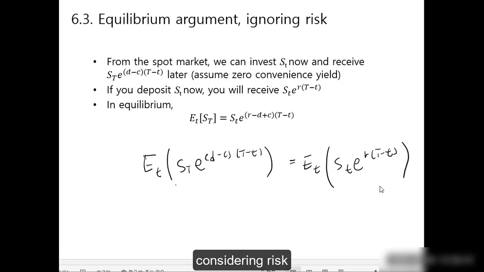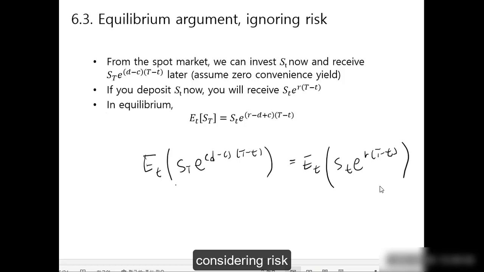More generally, if we consider risk, which one would be higher? Left-hand side or right-hand side? So the expected return will be higher at the stock investment. Right. So if we consider risk, it's more likely that this side will be higher.